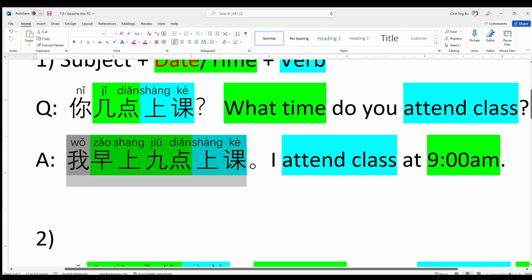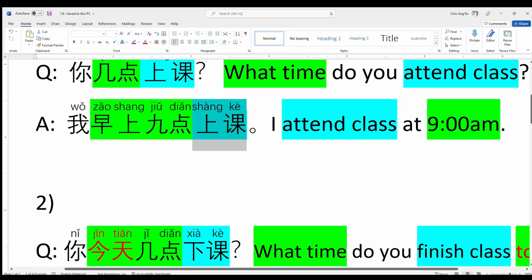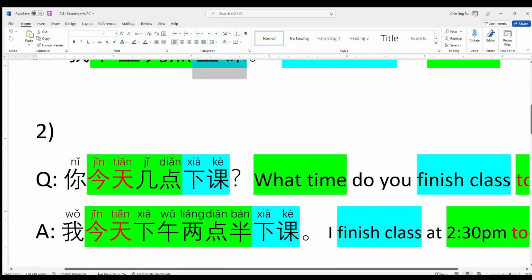So 早上9点, the green color one, is 9 a.m. Again, the verb is at the end, 上课. So with this structure in mind, now you can build any sentence you like that involves time or date and also any action or verb. So the next question, 你今天几点下课?